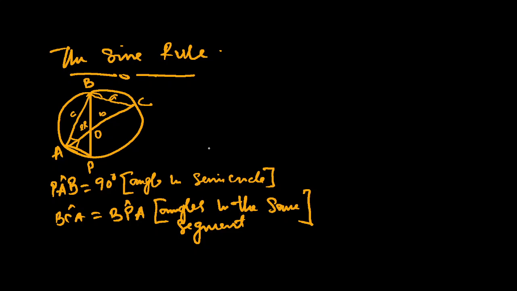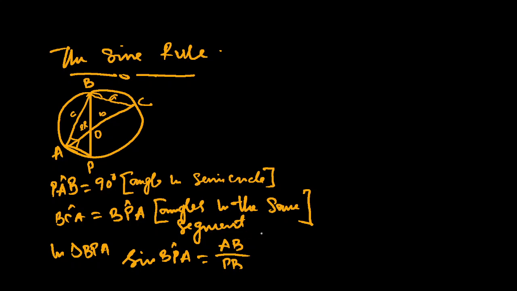Now we can solve. Consider right angle triangle BPA, that is this triangle here. In triangle BPA, the sine of BPA is equal to opposite over hypotenuse, and that will be AB divided by PB.